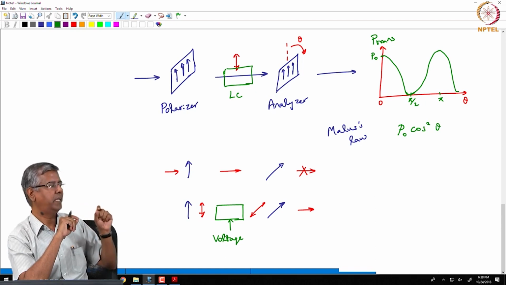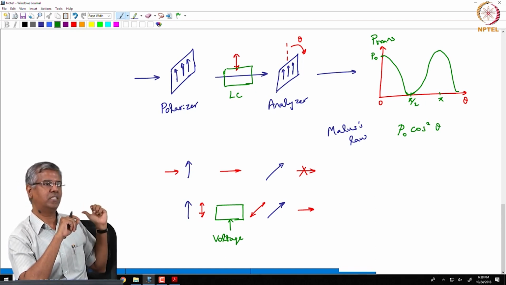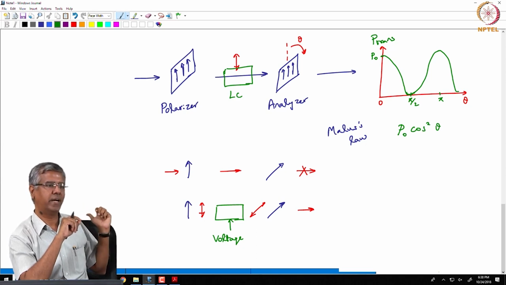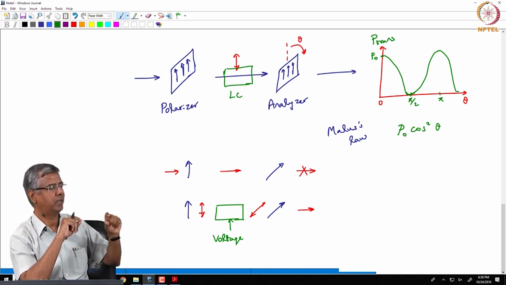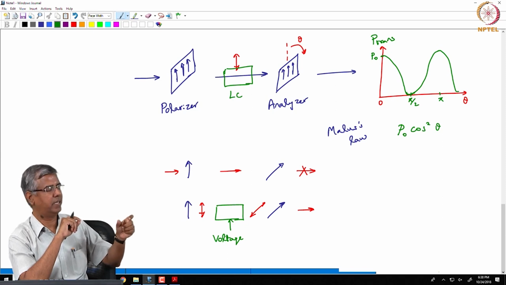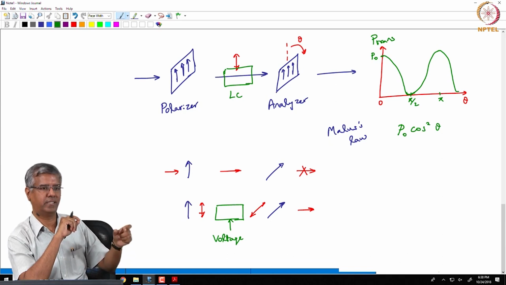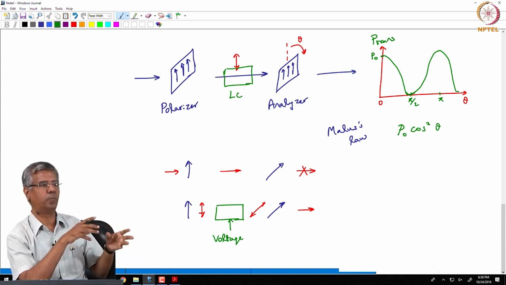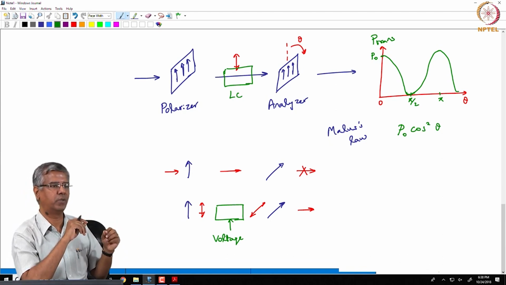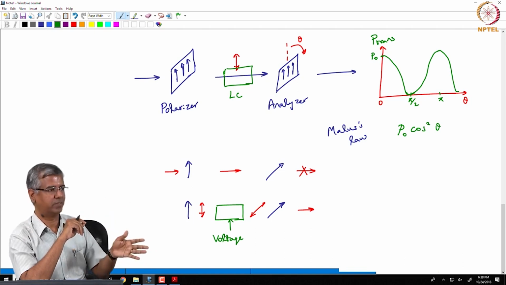So, by turning on only the red pixel, only the red color is let through, and the other blue and green are dark. There is no voltage applied to those liquid crystals, so they are blocked.